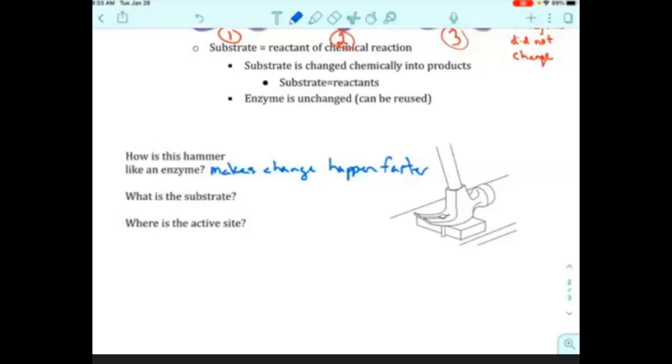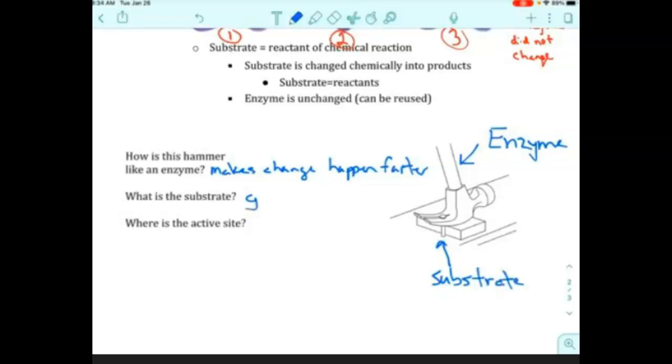Enzymes are like the hammer. Okay, let's label this. The hammer is like an enzyme. It makes a change easy to accomplish. The substrate is the thing that gets changed, right? And so in this case, the substrate is going to be the nail.